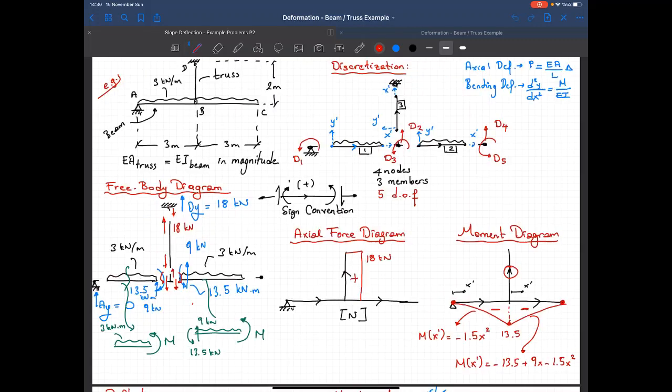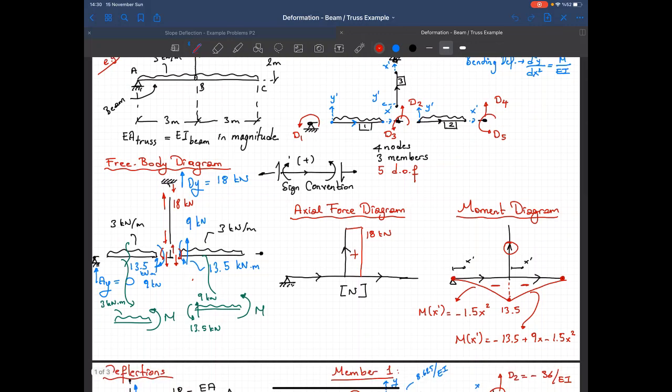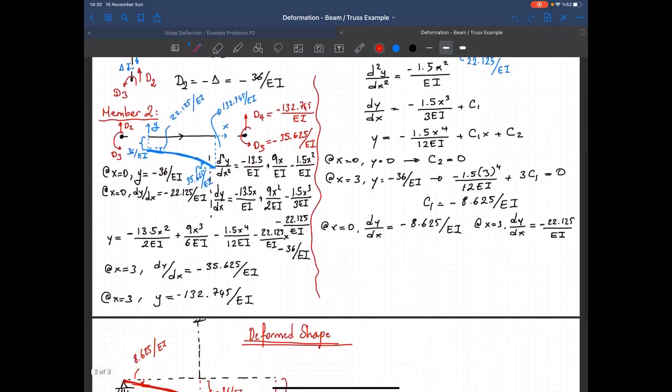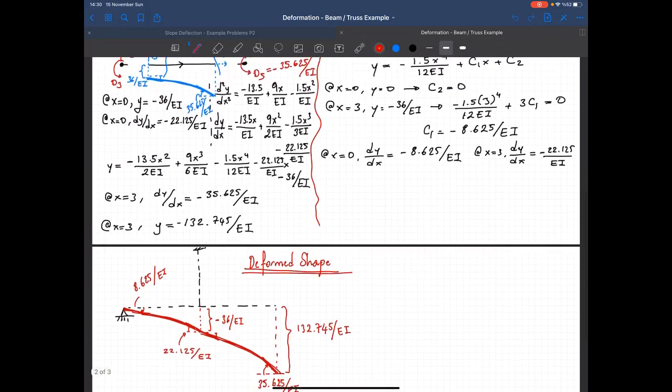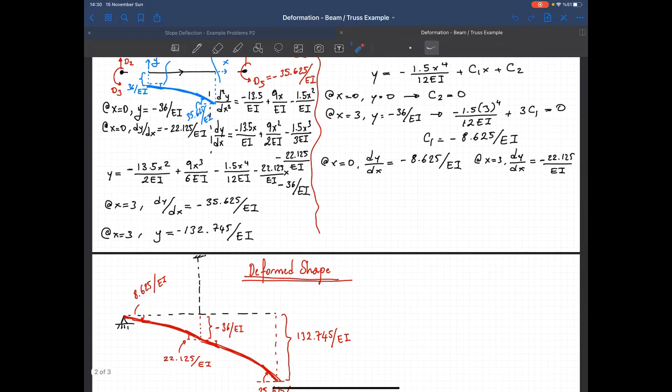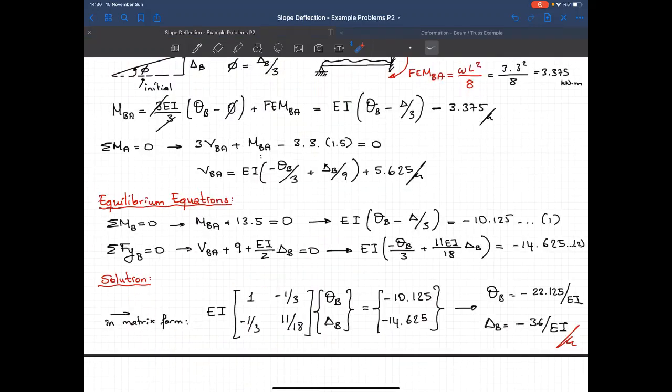And we can compare our results with the previous solution. So as you see, rotation is in the clockwise direction, 22.125, and the displacement is in the downward direction, 36 over EI.